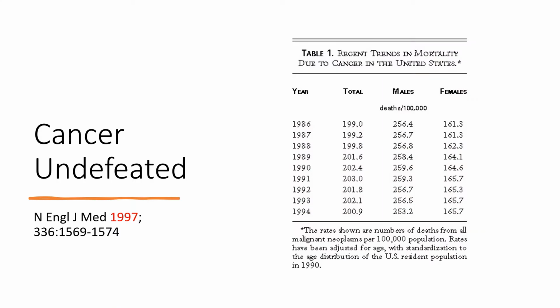This is a very famous article which was published in 1997. It's very old, but it's very relevant here. It was published in the New England Journal of Medicine, a top journal in the field with an impact factor of more than 50 or 60, and they analyzed data from 1986 to 1994. They tried to identify the trend in mortality due to cancer in the United States.